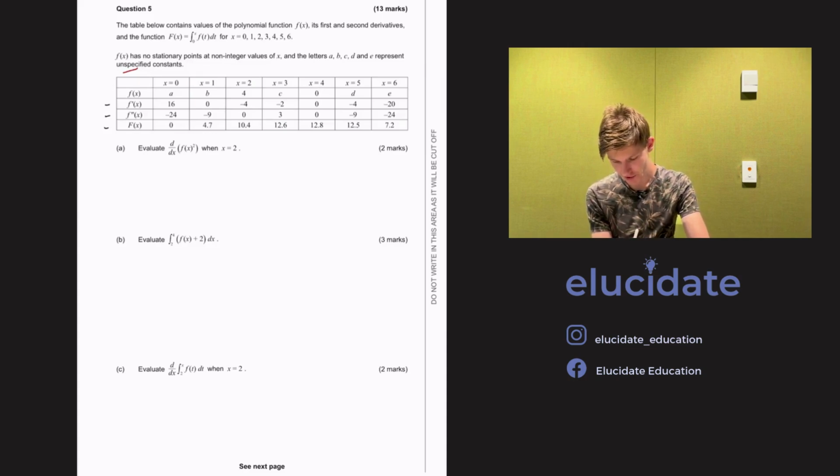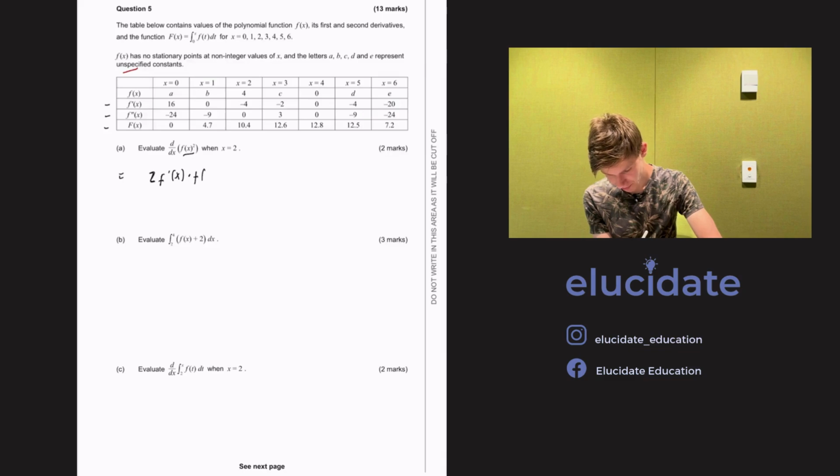Evaluate the derivative of f of x squared when x equals 2. Okay, so this is simply a chain rule question. If we apply the chain rule, we know that that is going to be equal to 2 times f of x, times the derivative of f of x, by the chain rule, at x equals 2.